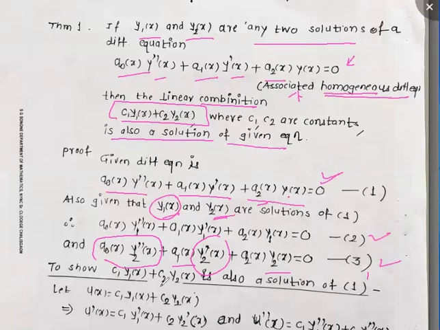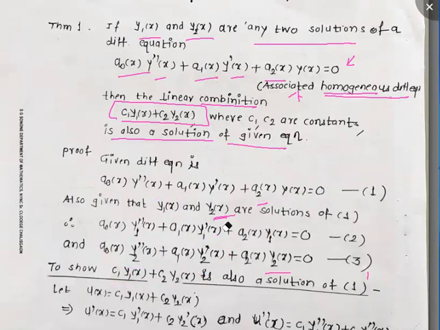We have to show that the linear combination of two solutions, that is C1 y1 + C2 y2, is also a solution of 1. That is, this linear combination also satisfies equation number 1. So how to show that this linear combination is a solution?